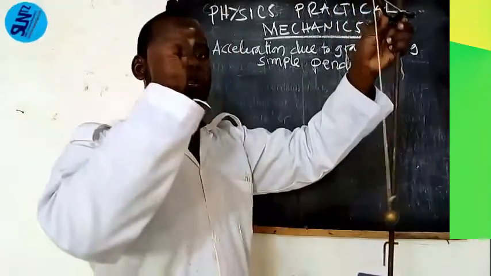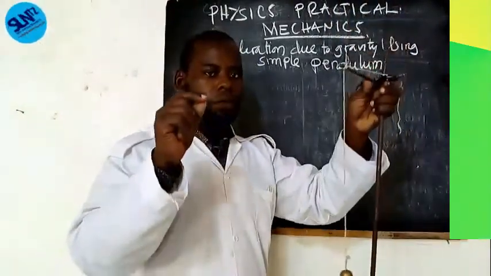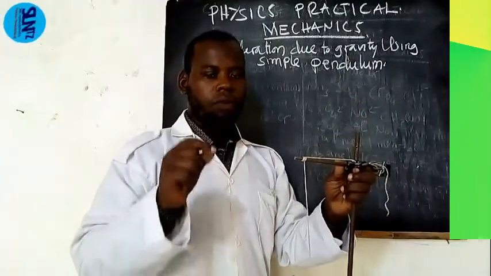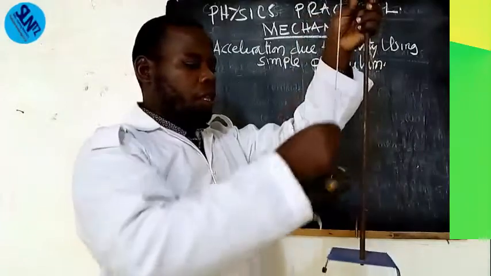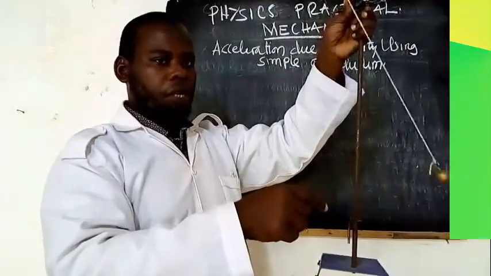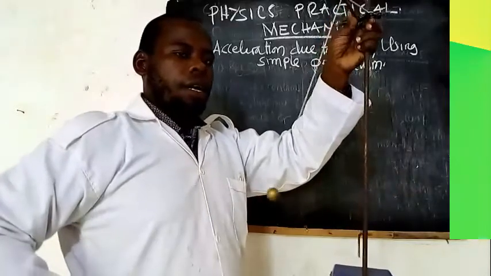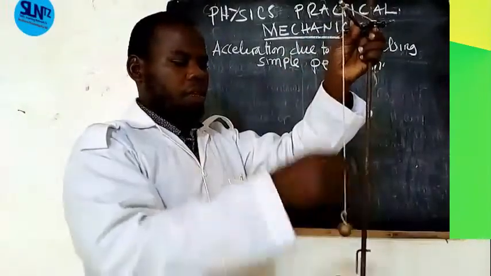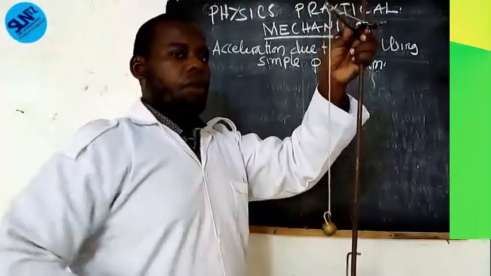So when we talk about the simple pendulum and acceleration due to gravity, we talk about the relationship between length and periodic motion. So you have the length of the pendulum.